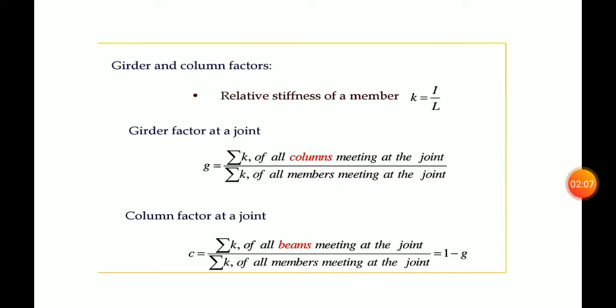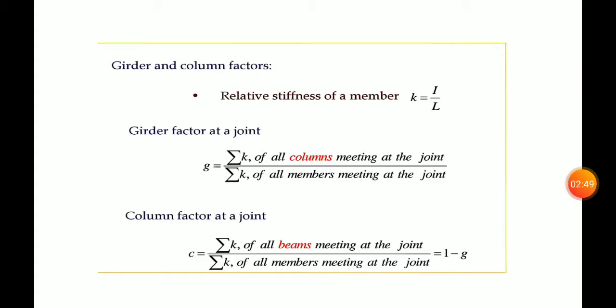The girder and column factor, which is the relative stiffness of a member, is K equals I by L. As we know, if the far end is fixed, the stiffness will be 4EI by L, and if the far end is hinged, the stiffness will be 3EI by L. We have studied this in the earlier method.